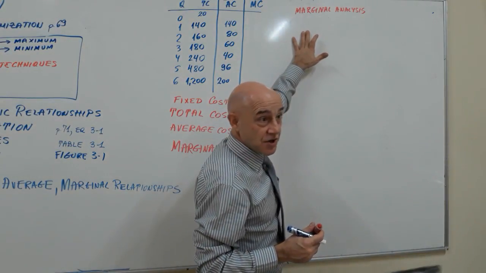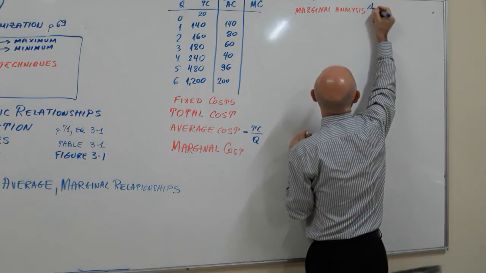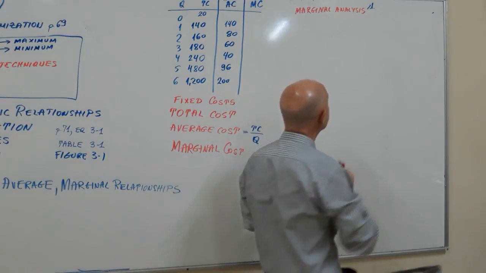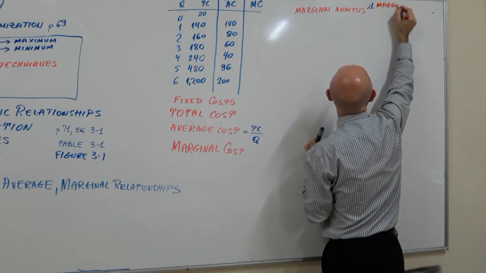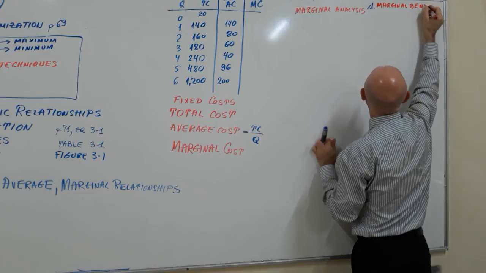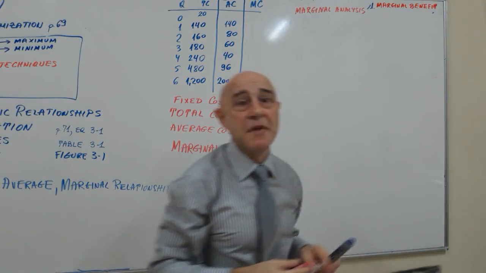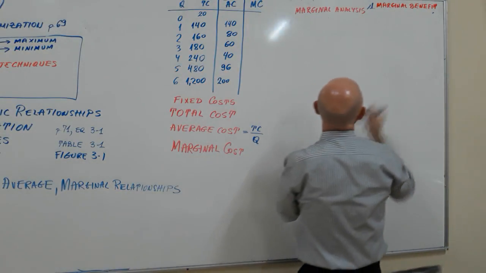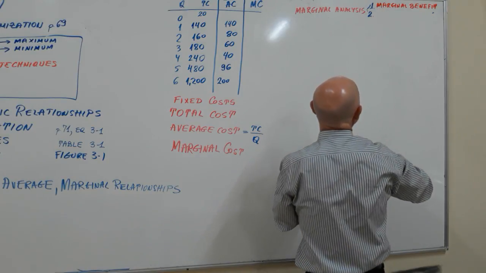So, marginal analysis includes number 1, marginal benefit, and number 2, marginal cost.